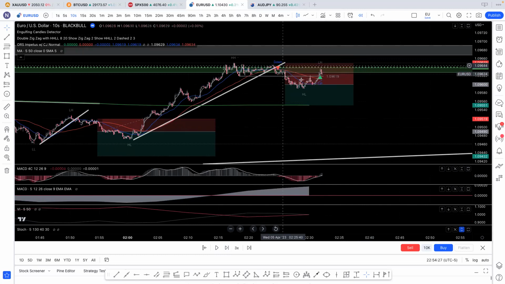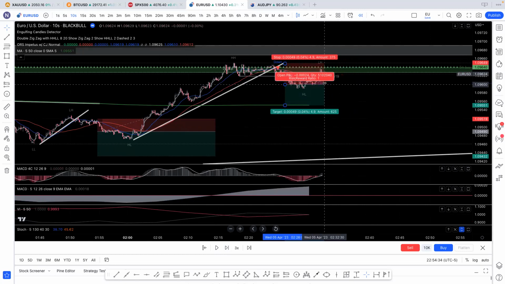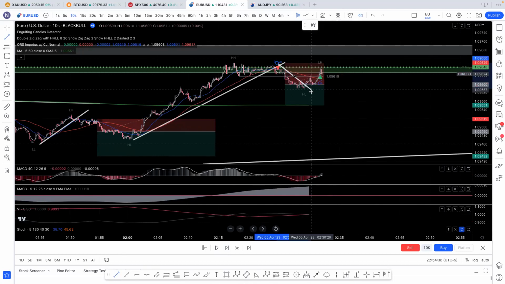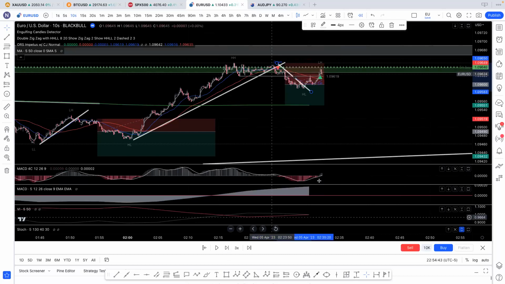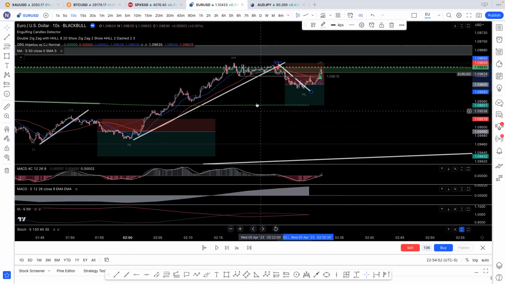So I should have been. Okay, so maybe it was actually this I should have tracked. I'm actually going to now just wait for it to get through this zone. I need to also just wait for my vortex to align with my MACD.